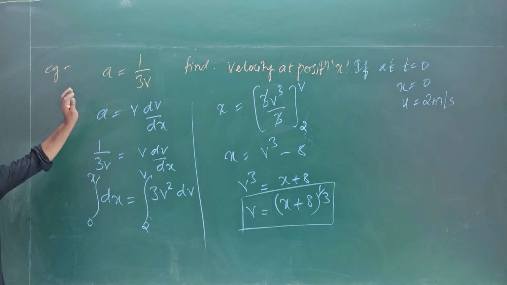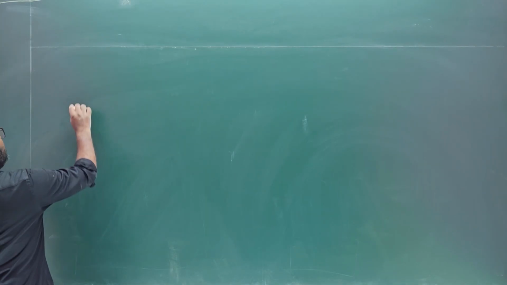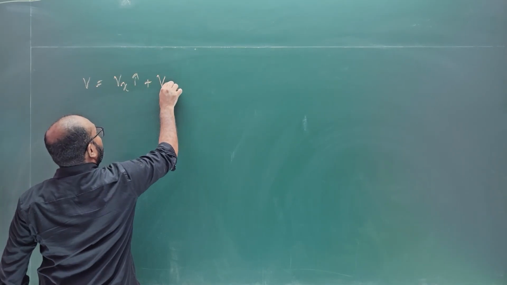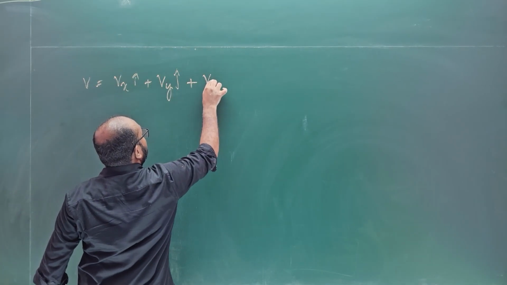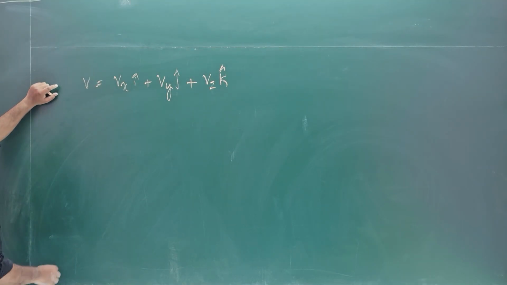Do I need to do more time pass on these questions? No? Enough? Okay. Now we already know that v is nothing but vx i cap plus vy j cap plus vz k cap. And acceleration is what?